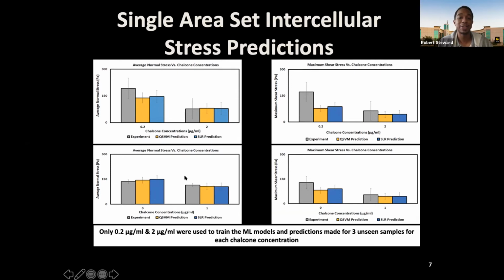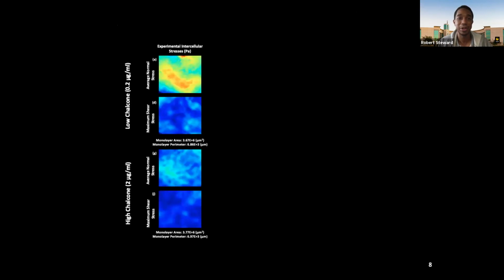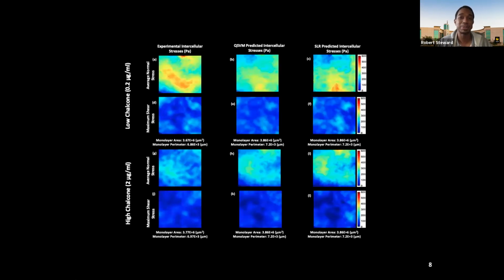A note about this is that, yes, we have experimental data from each of these concentrations, but the experimental data from the 0 and the 1 microgram per milliliter were not fed into the model. So these are all just predictions, made with just the top 2 concentrations that we have at the top here. And beyond just bar plots, we can actually plot the distribution.